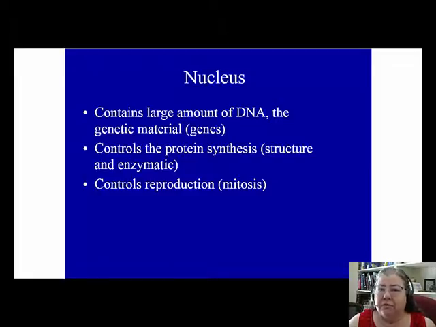Not all cells reproduce, and we will talk about this as we talk about some of the different organ systems of the body. Cells that have specialized, for instance, into neurons no longer have the ability to reproduce.